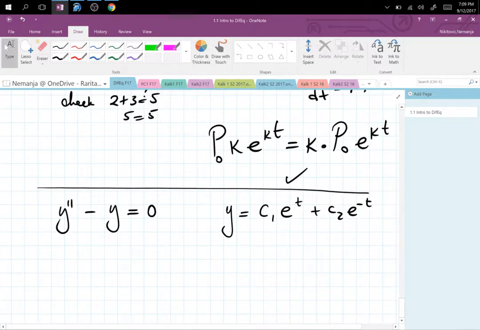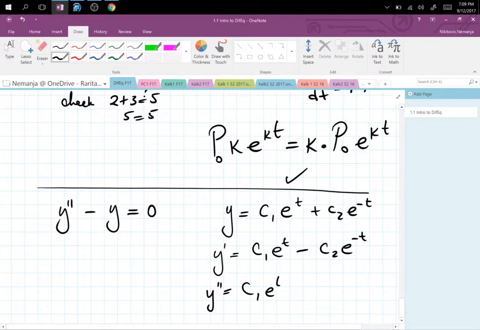You want to check if this is correct, because why trust me, right? I'm giving you the general solution, but you don't know how to solve this yet, but you have the solution, so you can at least check. So you find the first derivative, which is as is, except this one becomes a minus because of the chain rule on the negative t exponent. And then you find the second derivative, because the second derivative is the one you have to plug in.